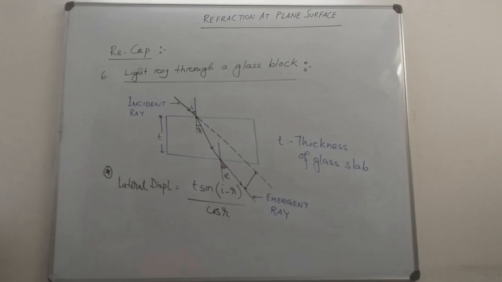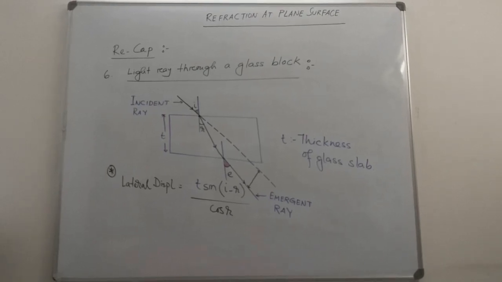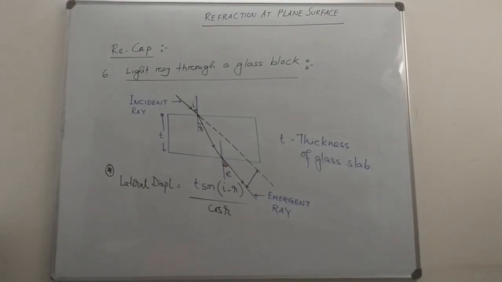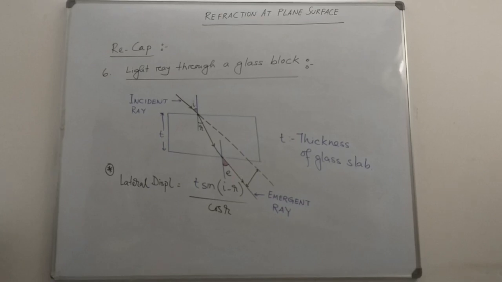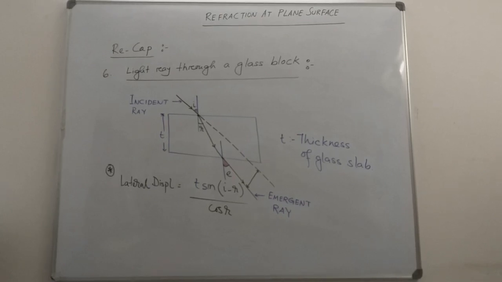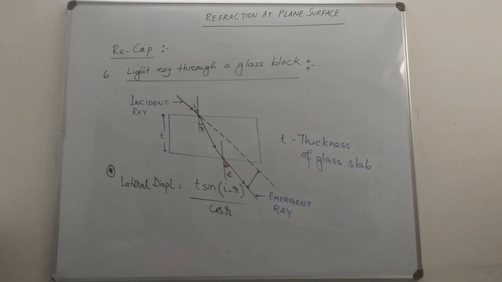So finally the emergent ray will be parallel to the usual path of light, assuming that the block wasn't there. And you can see there is a deviation, and also a formula.